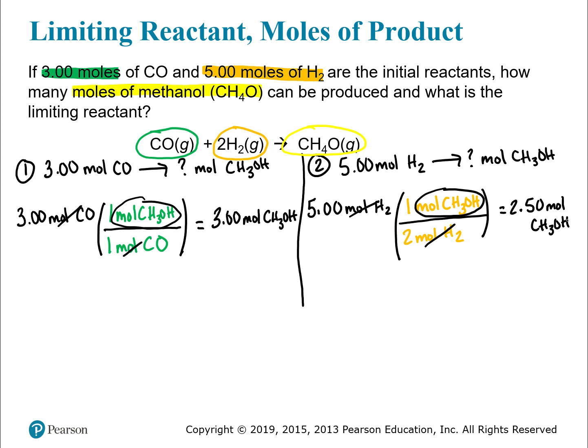We can only make the amount that the limiting reactant can make. So that's going to be the least amount of product.